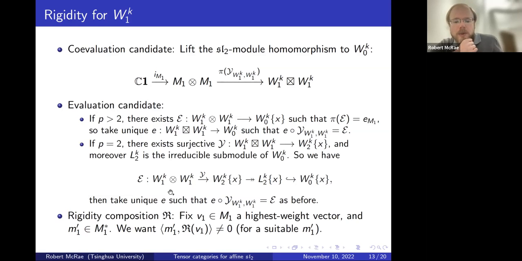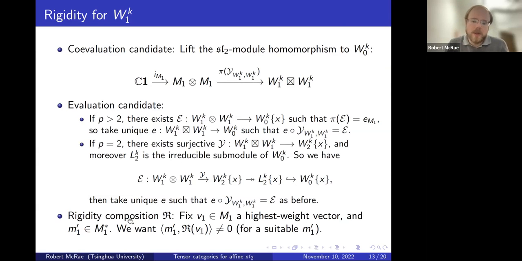So we can still get an intertwining operator going to W2 first, then to L2, and then we include into W0. So this gives us a non-zero map, but it's not a surjective map because the image of this evaluation candidate E is going to be contained in the irreducible non-trivial submodule of WK0. So it's an interesting non-surjective evaluation map.